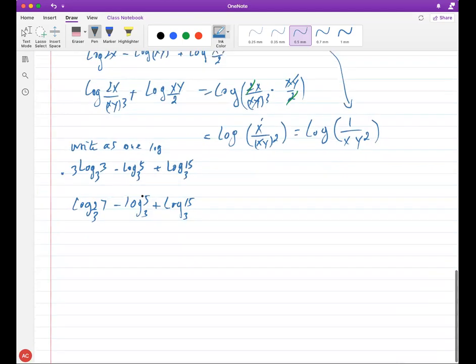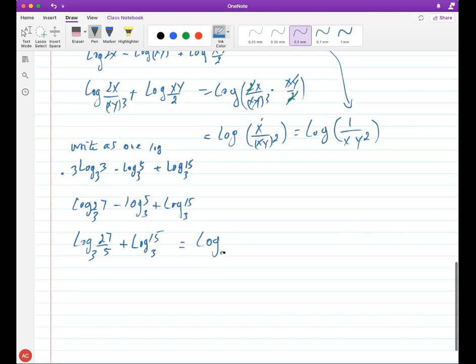That's good. We can put them together. Let's put these two together here. What do you get? 27 over 5. That's right. As you can see, nothing can be simplified here so far until we put everything into one log. And now what do we do with these two?